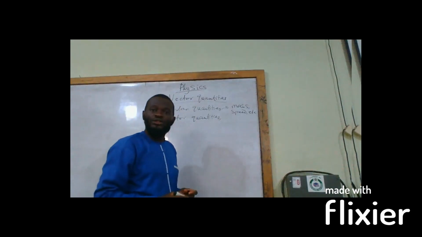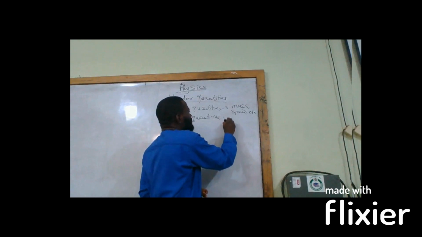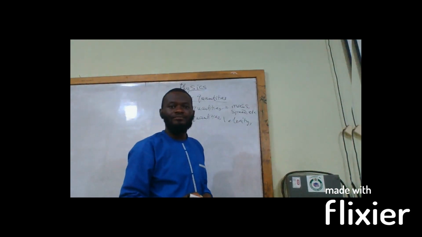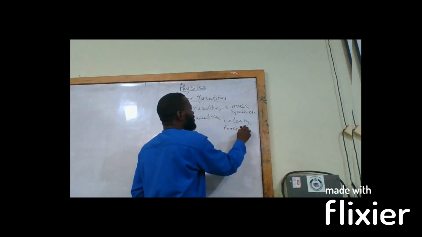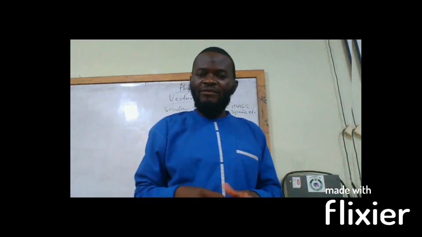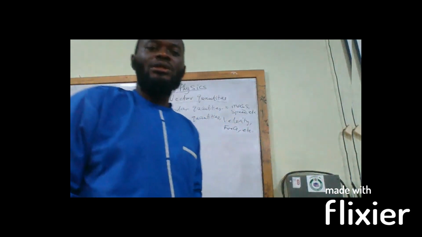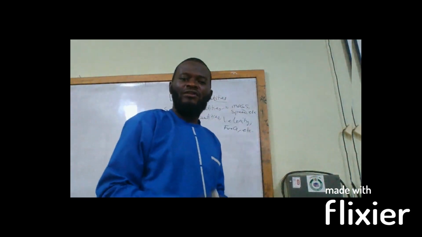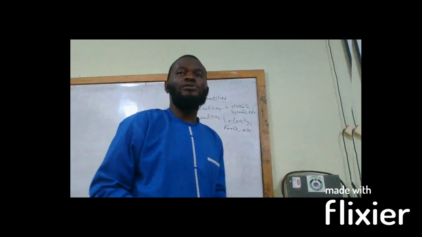But for vector quantities, you have velocity, you have force, and so on and so forth. So having defined both quantities and given their examples, let's move on to vector quantities, because that is our major focus.